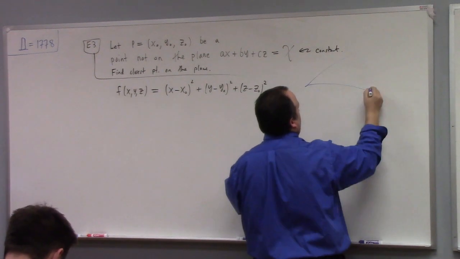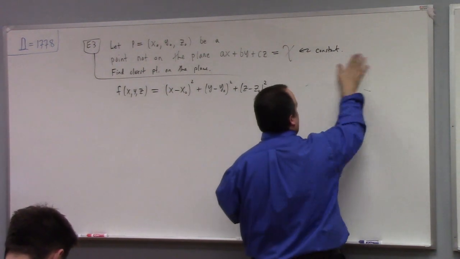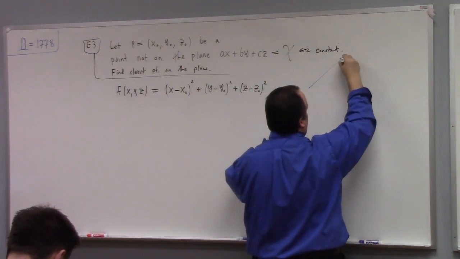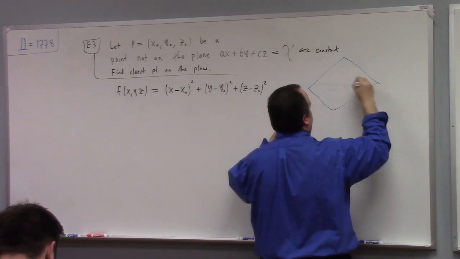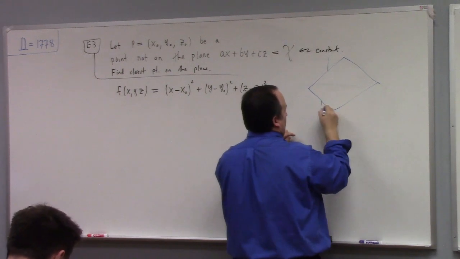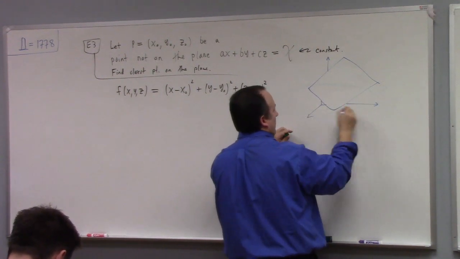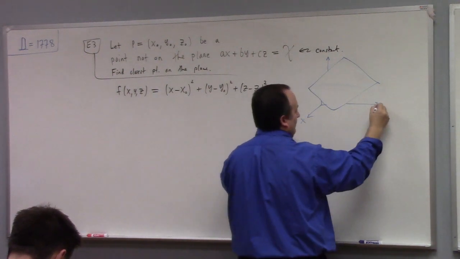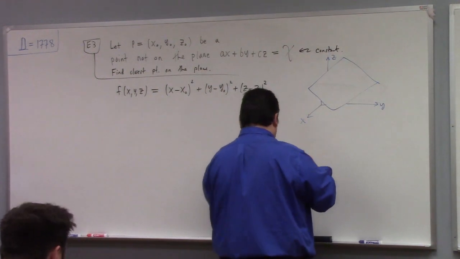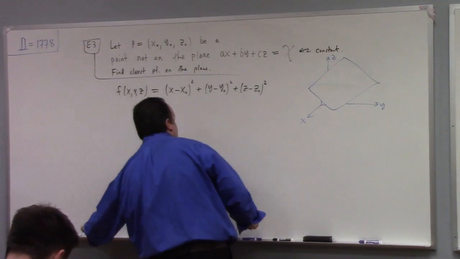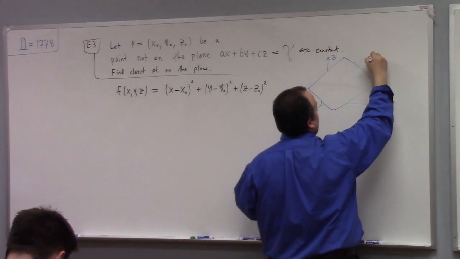So here's the plane, right? Wait a minute, it's a plane. Sorry, I've just gotten so curved lately. Forgotten how to draw a plane. There we go, plane. And we've got some point off the plane, say here.